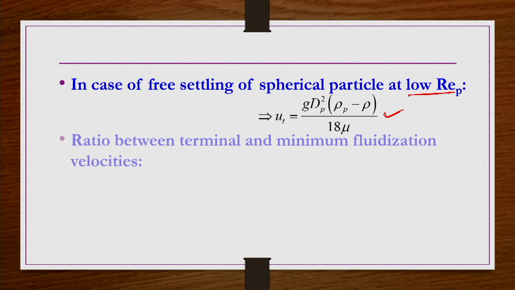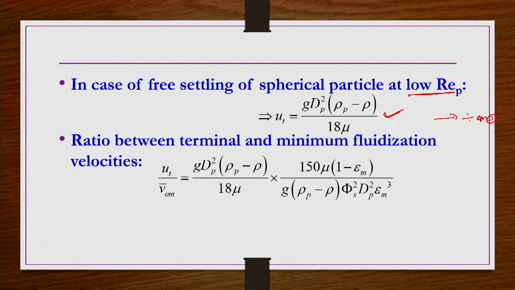Now we take the ratio between this terminal velocity and the minimum fluidization velocity, that is u_t by V_om bar, so this equation divided by equation number 3, which was just previously derived.